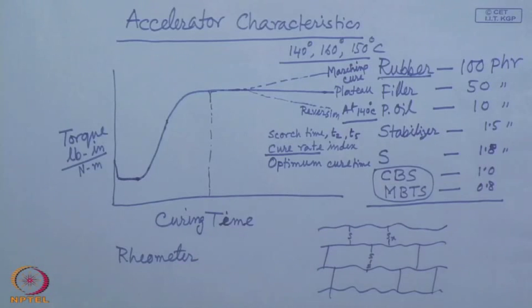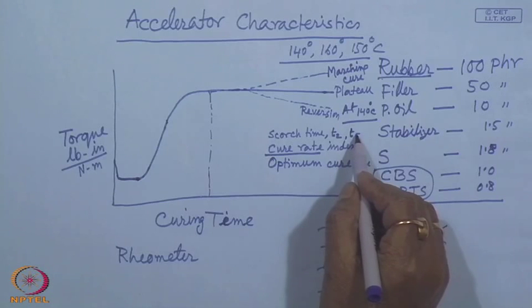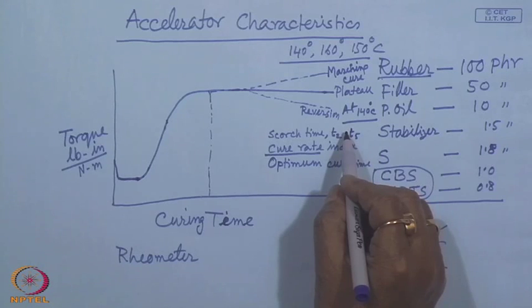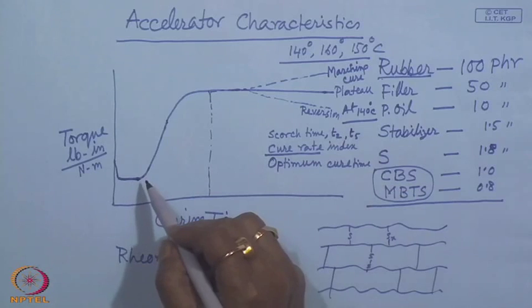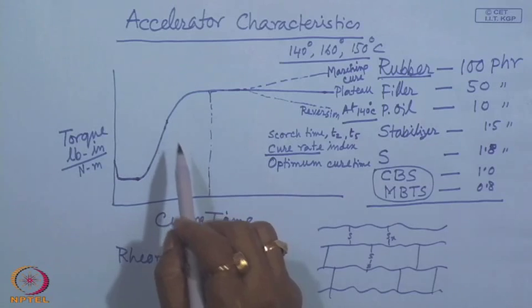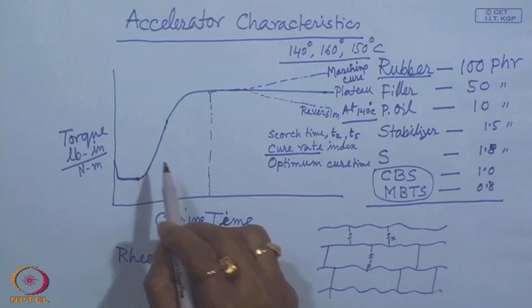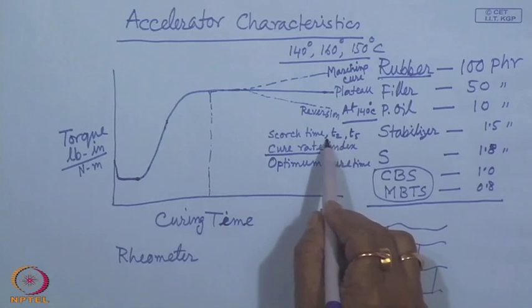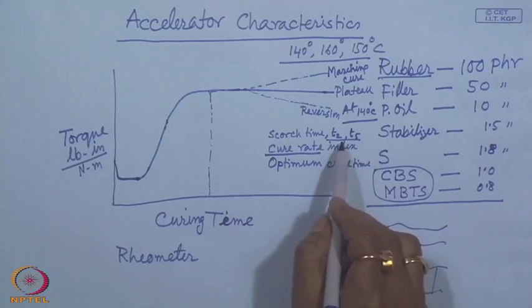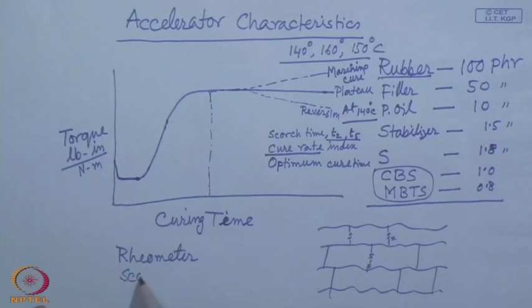That means the time required to achieve 2% of the maximum torque, or 5% of the maximum torque, or 3% of the maximum torque, or 4% of the maximum torque, is known as the scorch time. That scorch time information can be available from this cure curve, that means the rheometer profile or cure profile obtained from a rheometer. Now, that information is necessary because that scorch time gives a scorch safety indication.